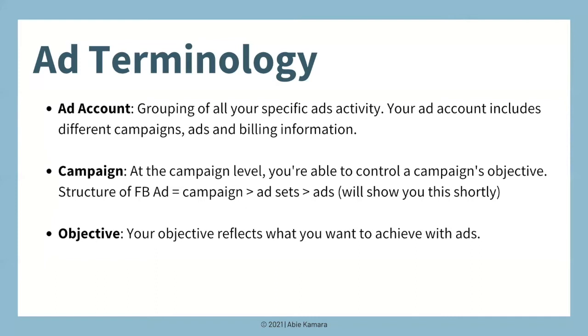At the campaign level, you're able to control your campaign's objective, which we'll go over soon as well. The objective reflects what you want to achieve with your ads. So what exactly are you trying to accomplish with running these ads? What is your goal? And you can set the optimization goal to be whatever you'd like.